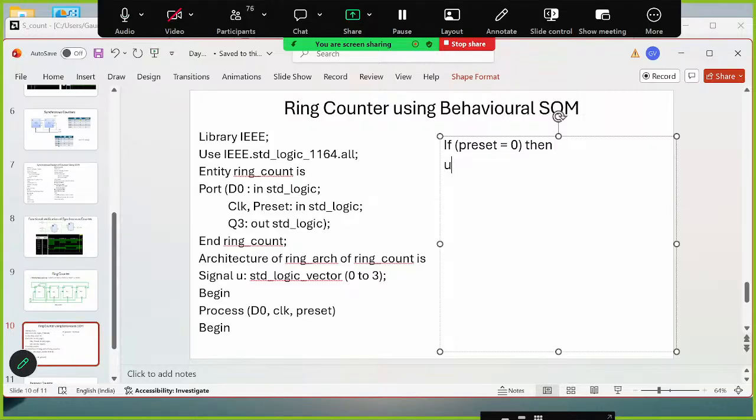So I would write u := 1000. Before that, I would start with u of 0, which is this one.